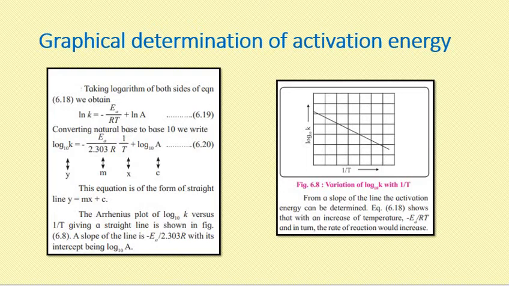The slope of this line is -Ea/(2.303 R) with its intercept being log10 A.